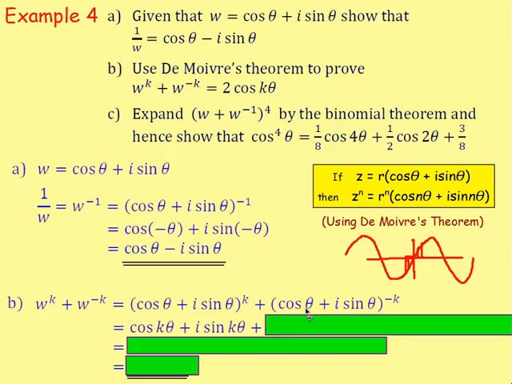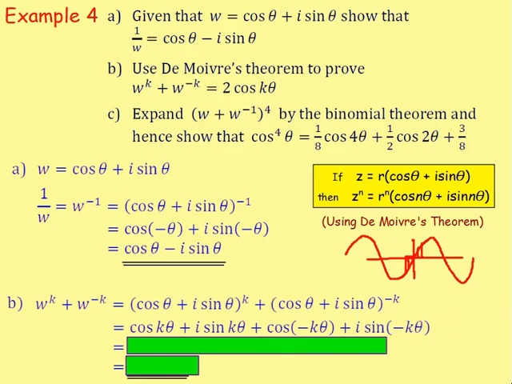Then with cos theta plus i sine theta to the power of negative k, it's the same thing. The modulus to the power of whatever is still just 1, and you multiply the theta by negative k, so it's going to be cos of negative k theta plus i sine negative k theta.